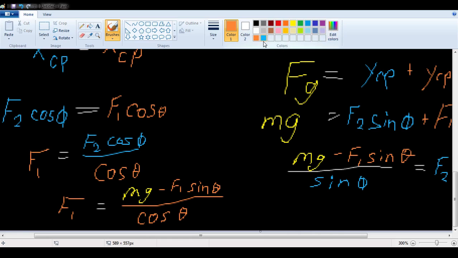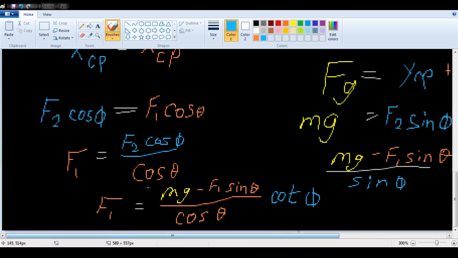And then I'll have my term over here of cotangent, and that's going to be a cotangent of phi. And now, if you take notice, we have a term of sine theta over cosine theta here.